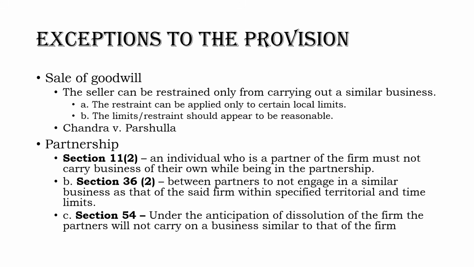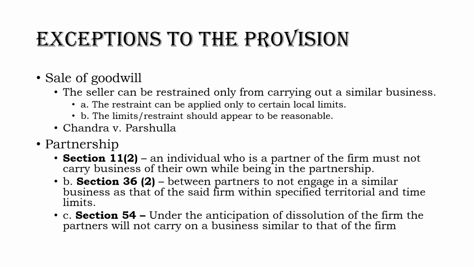The second exception is partnership. Section 11, Section 36 and Section 54. Let us suppose A, B and C start a bakery and name it ABC Bakers. If we take Section 11, no side business during partnership. That is what will be stated in the partnership deed.